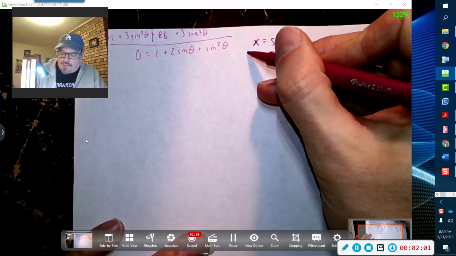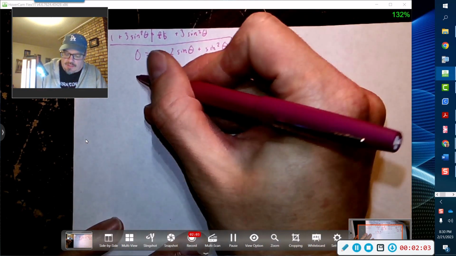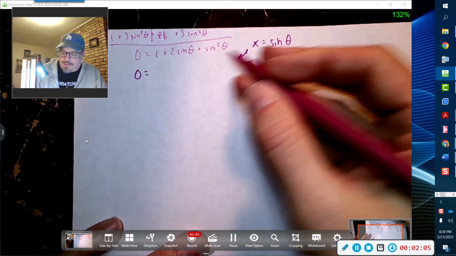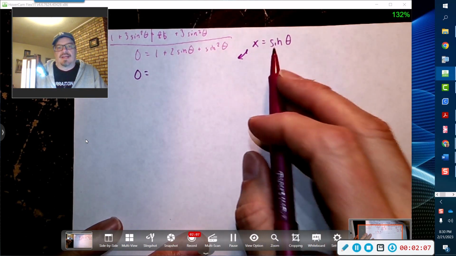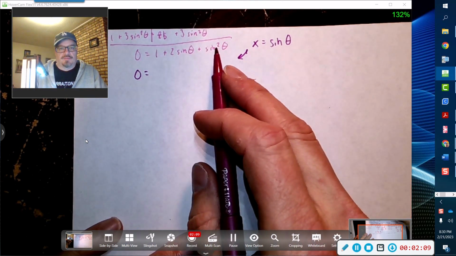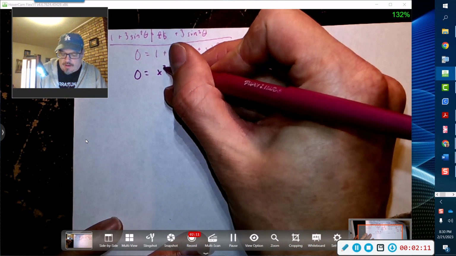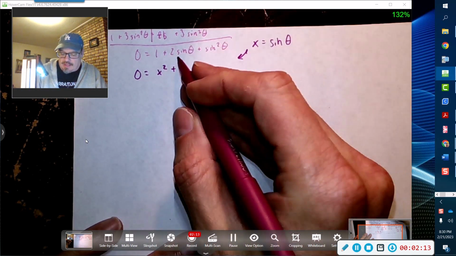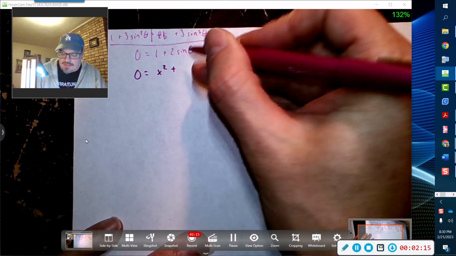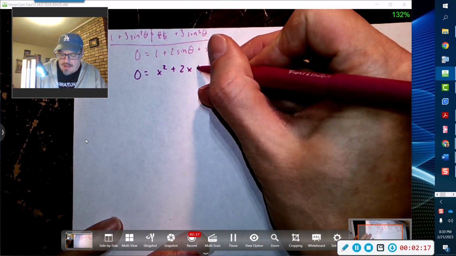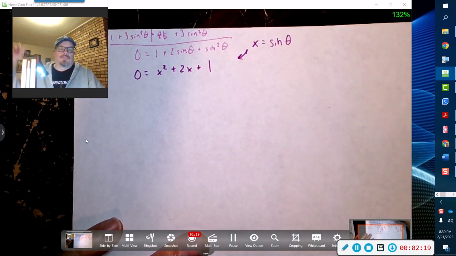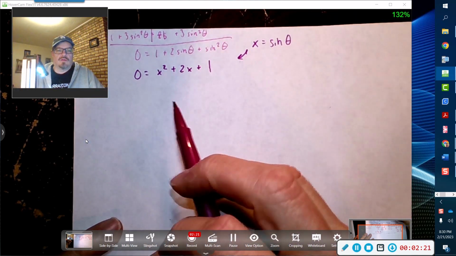So I'm going to pull a little substitution here. Because x is sine theta and here sine is being squared, I can just say x squared. Sine theta is here, but remember we just said he was x, so now we got 2x. There's plus 1.